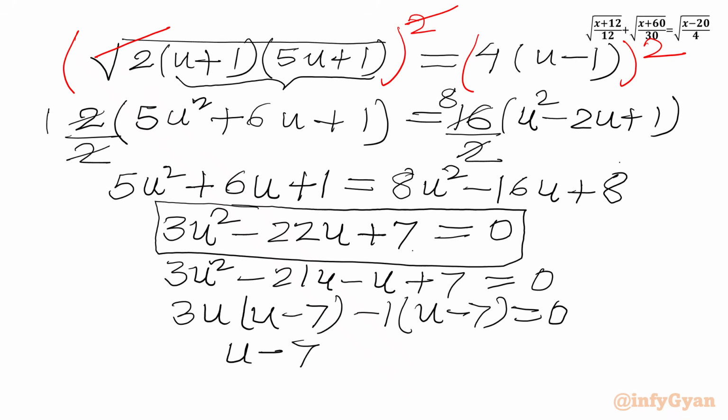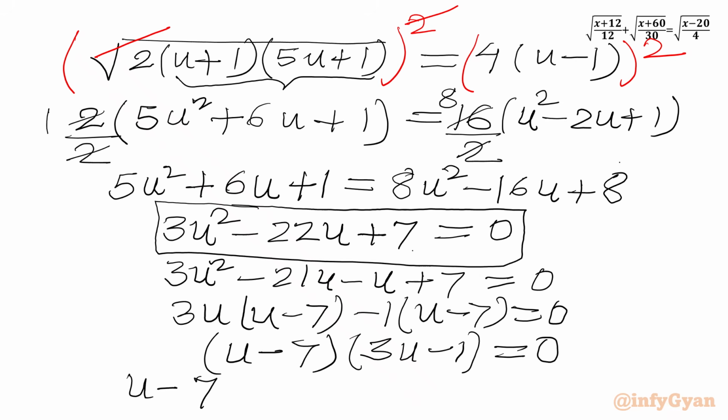Now u minus 7 times 3u minus 1 equal to 0. Now we will use the product 0 rule. Either u minus 7 equal to 0 or 3u minus 1 equal to 0. So from the first equation we will get u equal to 7. From the second equation u will be 1 over 3. So I can write u equal to 7 and u equal to 1 over 3.